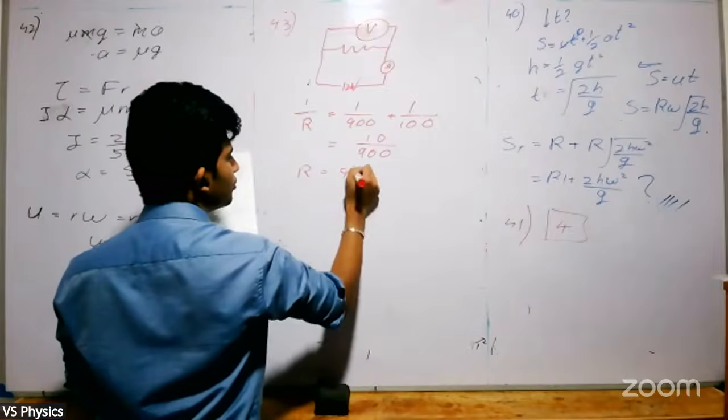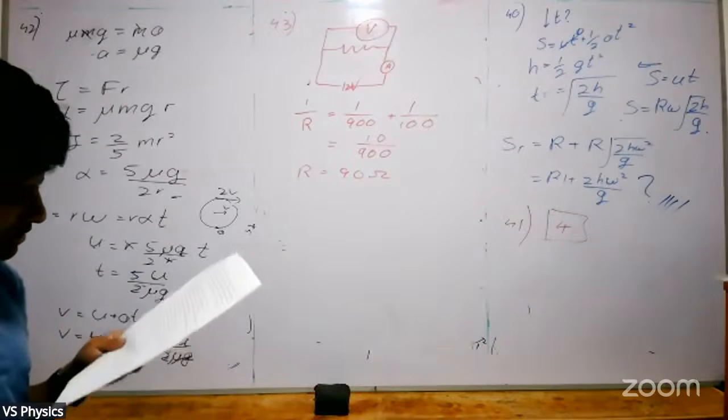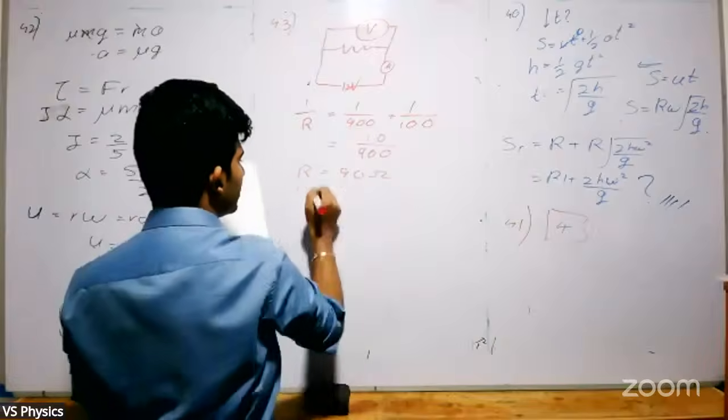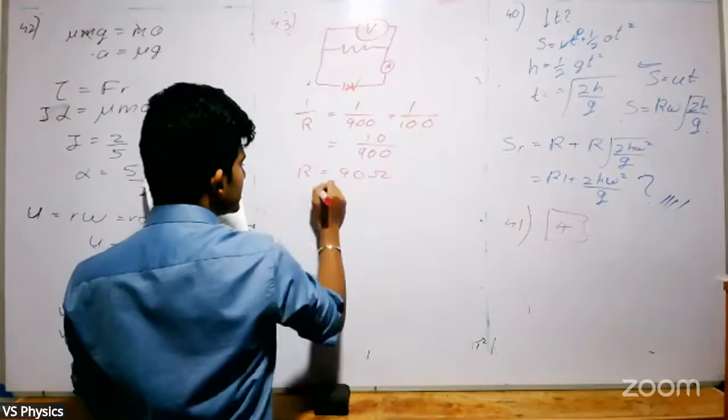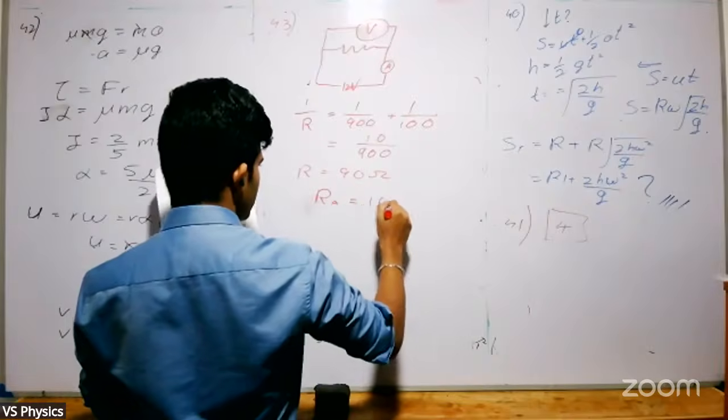The resistance is 90 ohms. We have 100 ohms across the whole section, so the resistance of the ammeter is 10 ohms.